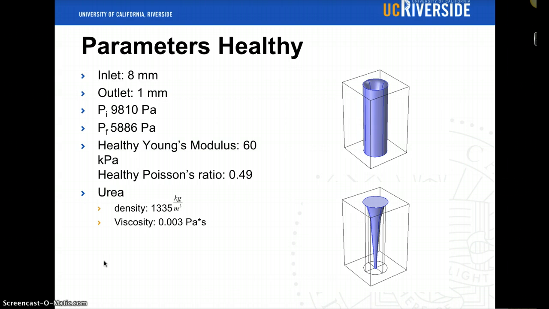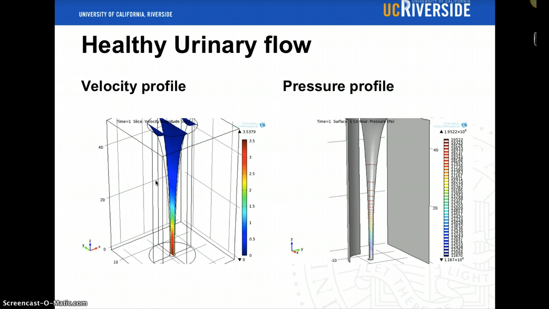So there are the parameters of a healthy urethra: inlet of 8 millimeters, outlet of 1 millimeter. There's the Young's modulus and the healthy Poisson's ratio, and that's all from the paper's parameters. Then there is a velocity profile.